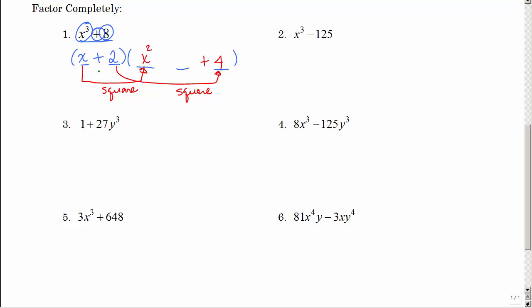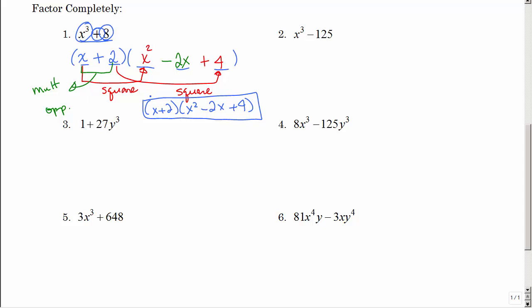And then the middle term, I know this is kind of messy, you're going to multiply those together, and then take the opposite sign. So 2 times x is 2x. It was positive, so we're going to make it negative. So the answer to that problem is x plus 2 times x squared minus 2x plus 4. A binomial times a trinomial that cannot be factored further.